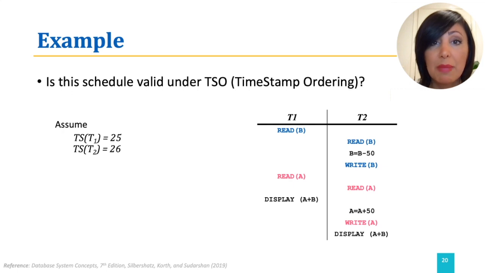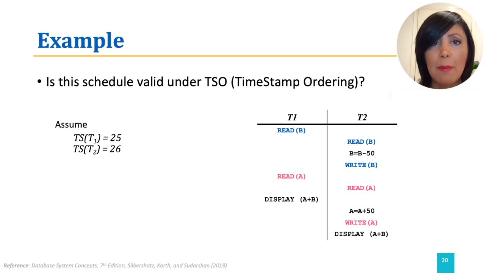The read B will cause object B to have the read timestamp value of 25 after the first read on object B. Then read B from T2 happens, and since the transaction timestamp, which is 26, is larger than the current write timestamp, which is 0, it is allowed, and the read timestamp of the object changes to 26.